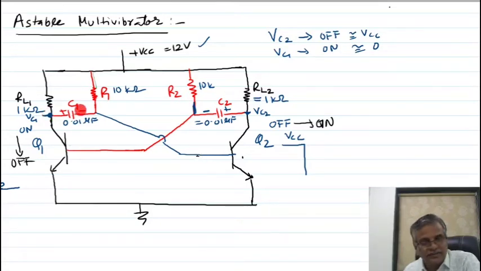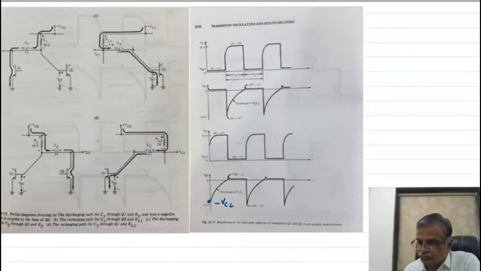So this capacitor gets charged through RL1 and the base emitter of transistor Q2. Look here, this is the charging path of C1. When this is charging, at the same time C2 is discharging, and when C2 is charging, at the same time C1 is discharging.